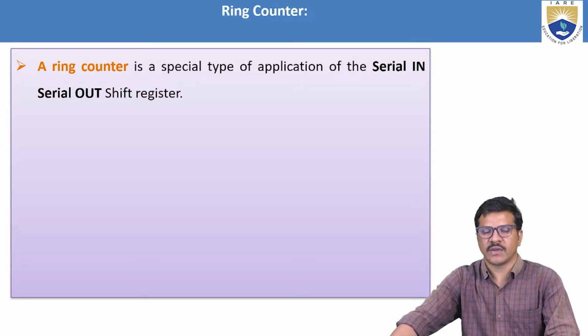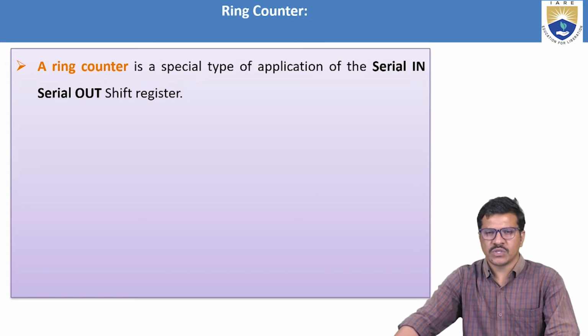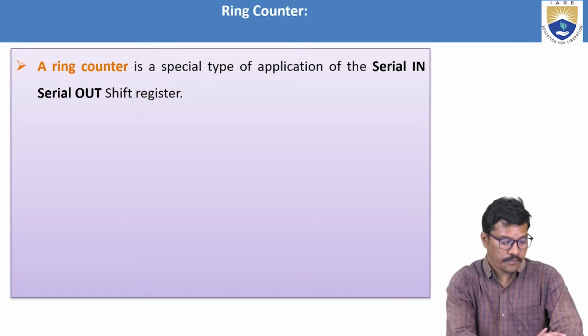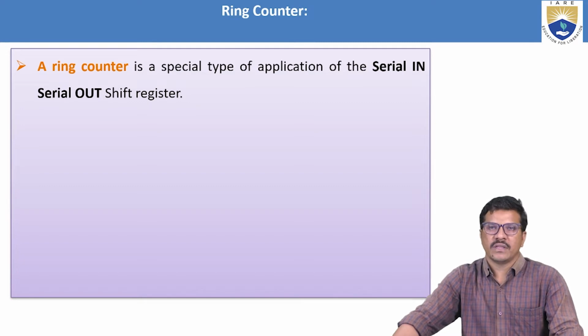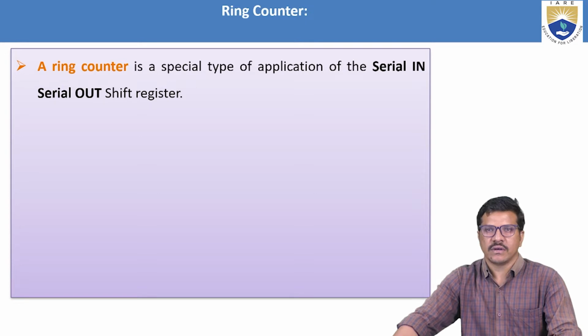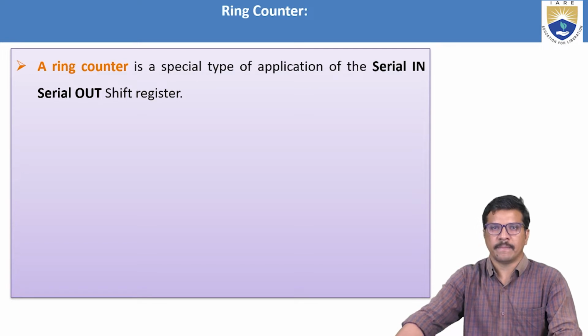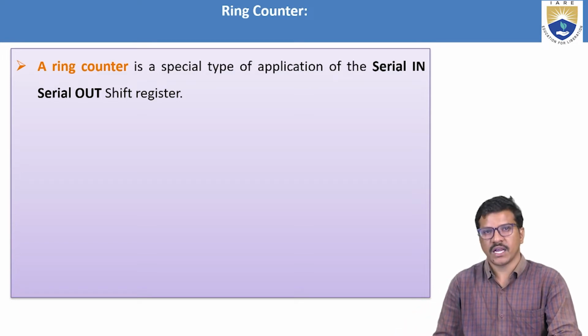Likewise, on the next clock, the next bit comes out serially. In this application of the shift register, we can see that the ring and Johnson counters are among those shift registers, and we can make shift registers more useful. That's why the ring counter is a special type of application of the SISO shift register.